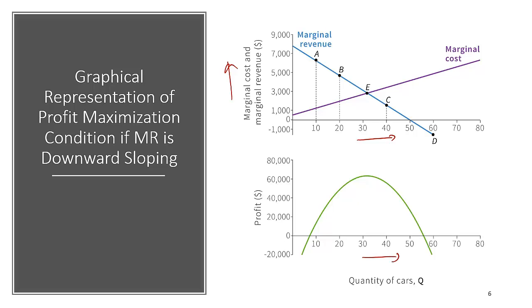This is again quantity, so it's one to one matching up, and this is profit. You can see the profit is maximized at the point, if you come down, it's the maximum profit if they are producing around, say, 30 units, where MR equals MC. So marginal revenue equals marginal cost.